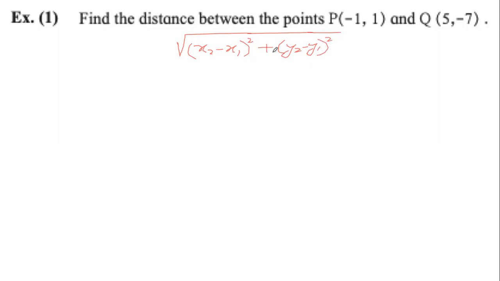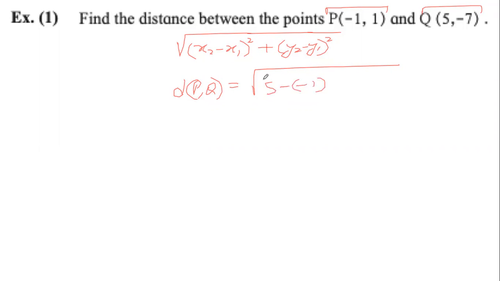Now, generally what students will do, they will take this as x1 y1 and they will take this as x2 y2. Because we are smarter, we can say d(P, Q) will be the square root of, I will take the bigger one, x. So 5 minus minus 1.